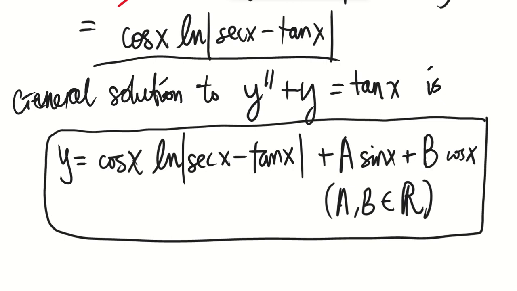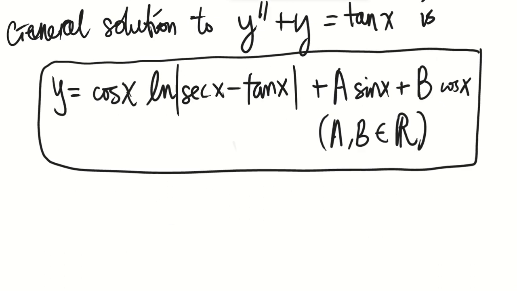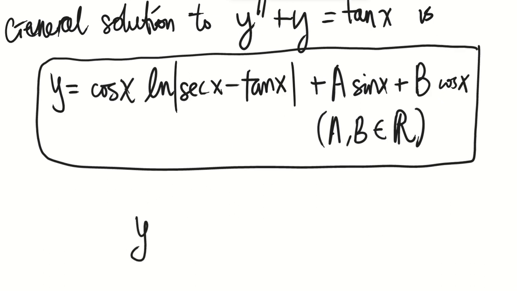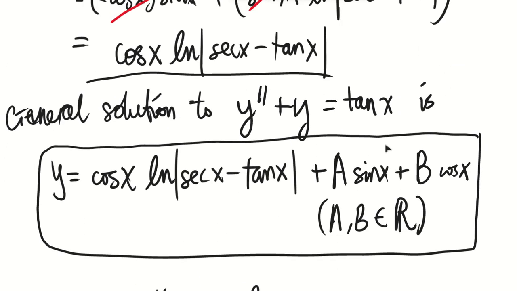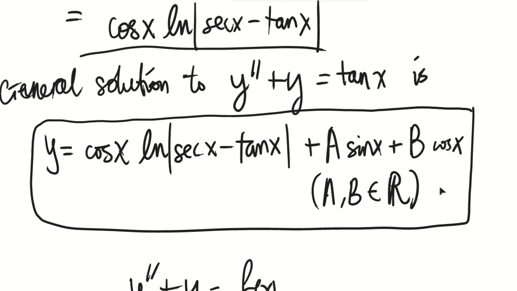Of course, we can generalize this to a general f of x, and I also invite you to write an expression for the general case y prime prime plus y equals f of x, and use the same techniques. You can find a closed form.